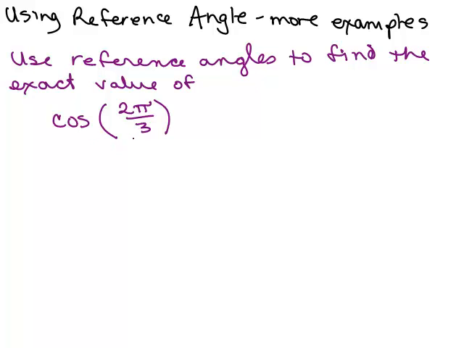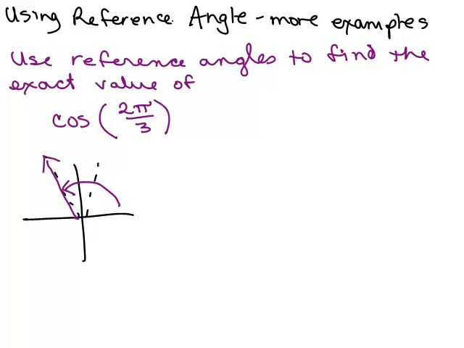Alright, so what do we do? We think about where that angle is. 2 pi over 3. Now I know that's 2/3 of the way to pi, right? Like you know, there's 1/3 of the way to pi, 2/3 all the way to pi, right? If you think about that. If you need to change it to degrees, that's fine.